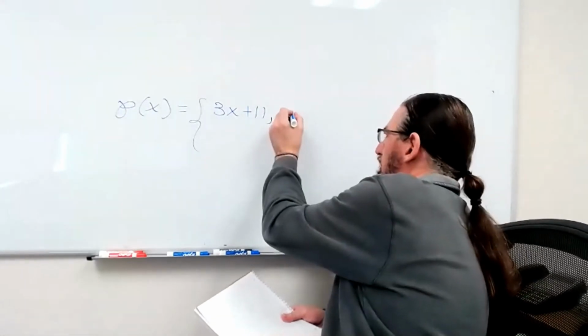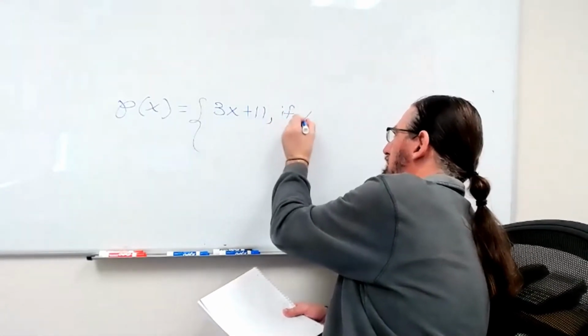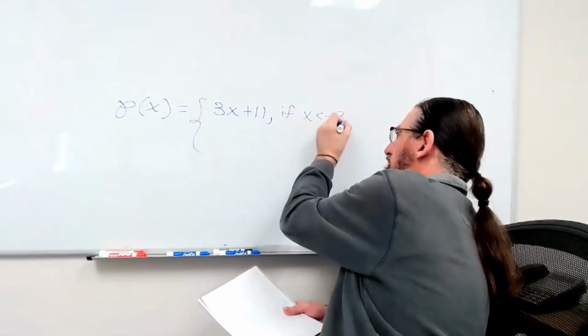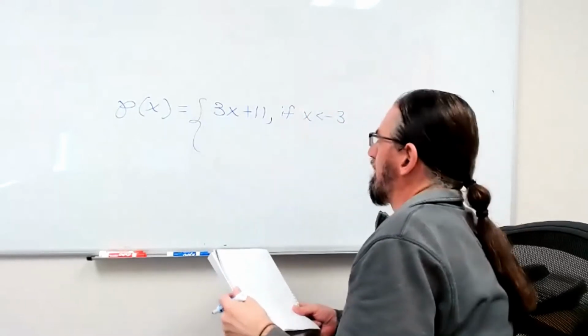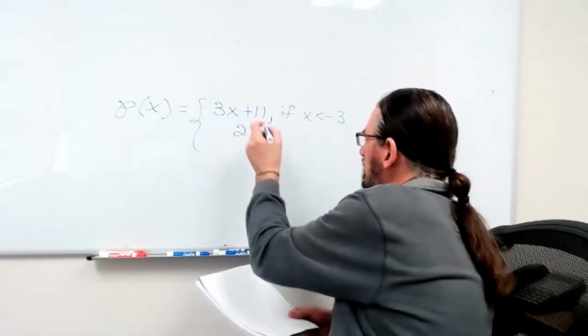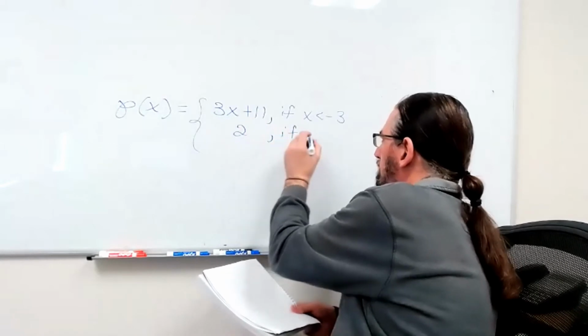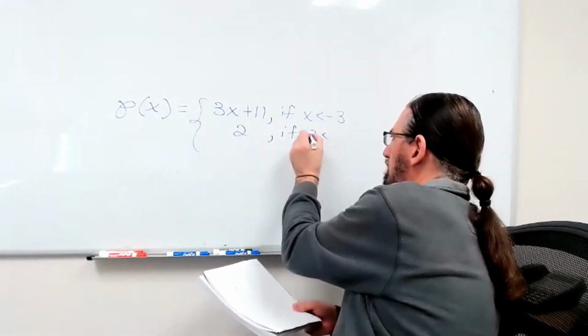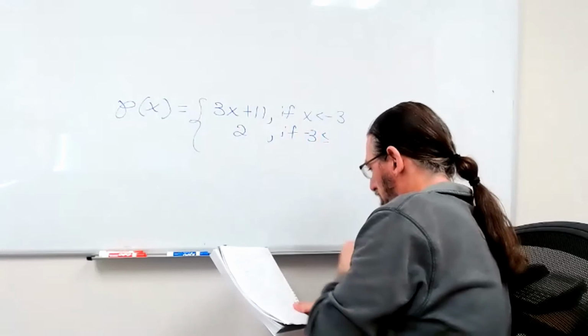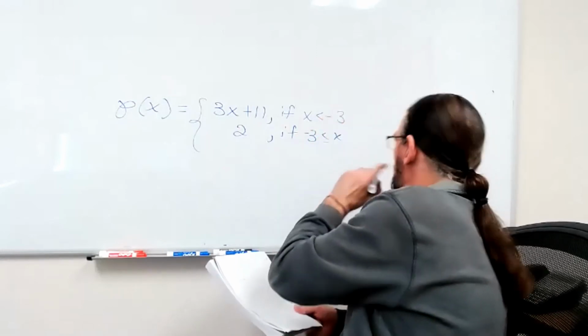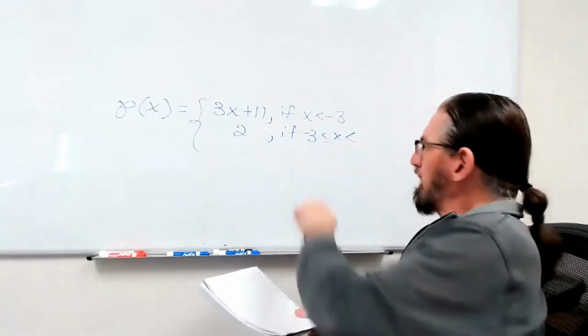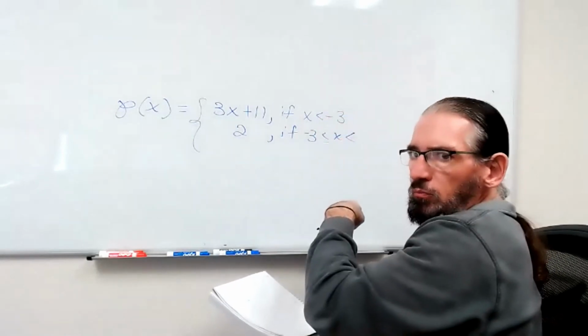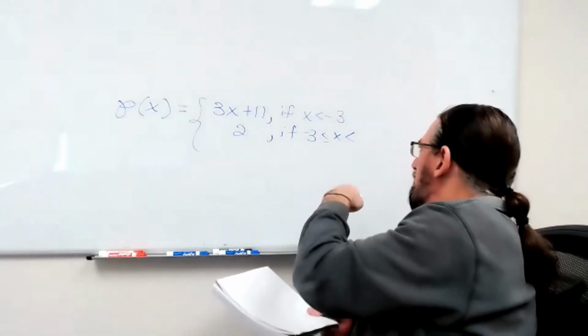Let's just go ahead and say if x is less than -3, and then y was equal to 2, if we went from -3 up to +1, same issue. I can't include it on both because this is a function.